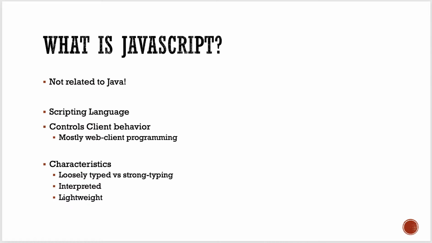JavaScript is implemented in most of the popular web browsers that we use nowadays, like Chrome, Firefox, Safari, Internet Explorer, or Edge as they now call it. And so it is a web client scripting language.